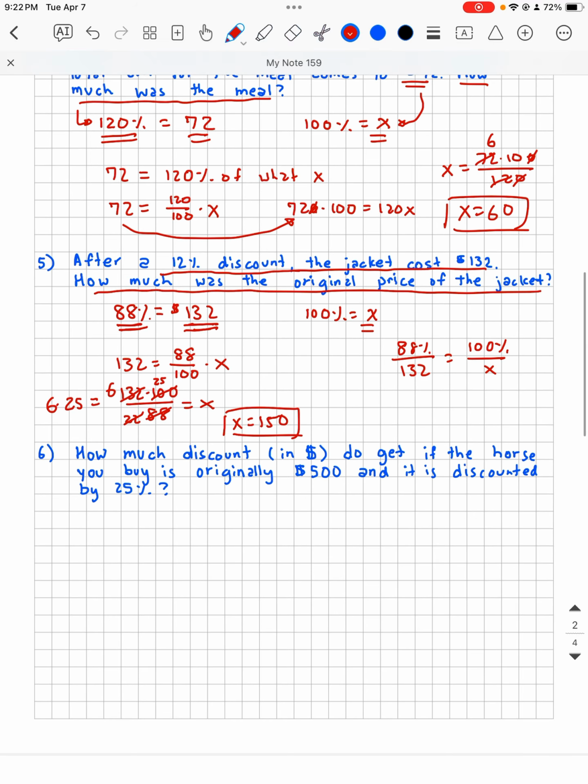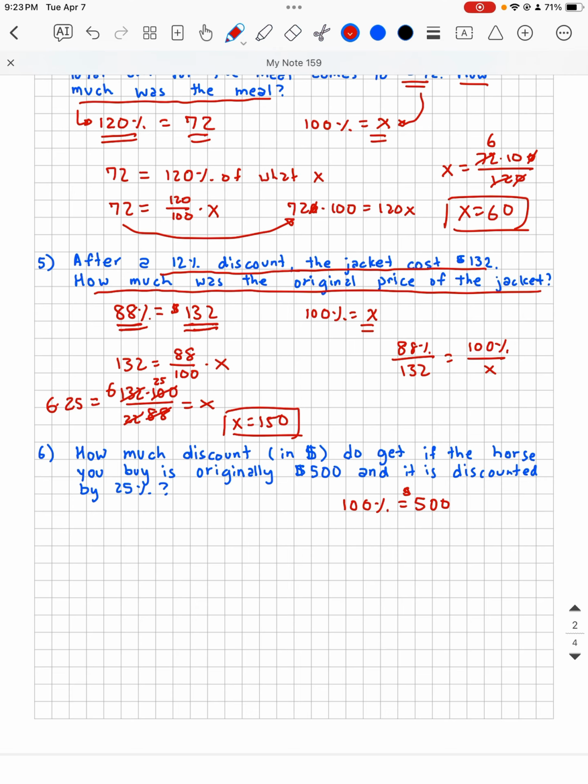Okay, now let's look at that last problem. How much discount in dollars do you get if a horse you buy is originally $500 and is discounted by 25%? So this time around, I am told what 100% is. 100% is equivalent to $500. What I want to know is what is the amount that you're supposed to have off if the percentage is 25%.